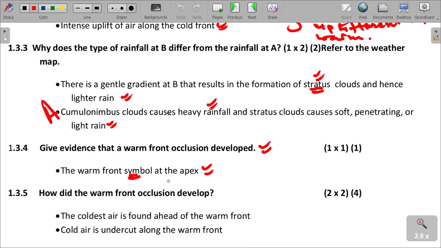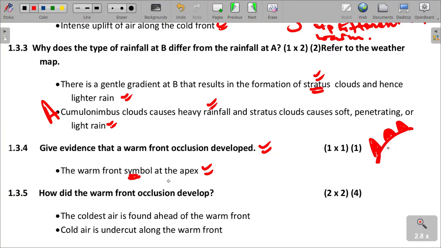So, questions such as these. I told you before that when we talk about types of occlusion, we have symbols that are used, where triangles represent, and semicircles can also be used to represent, types of fronts.